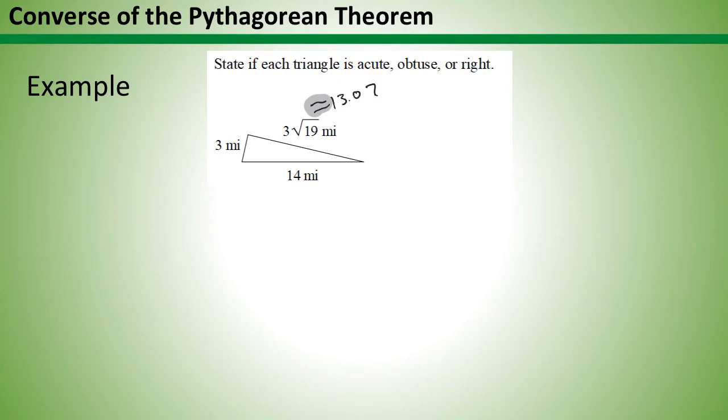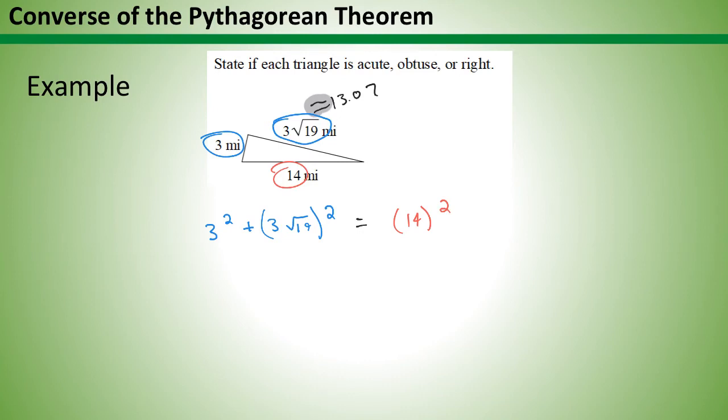Okay, so these are my short sides, and this is my long side. So what we're going to do is square 3 squared plus 3 root 19 squared, and that equals 14 squared.